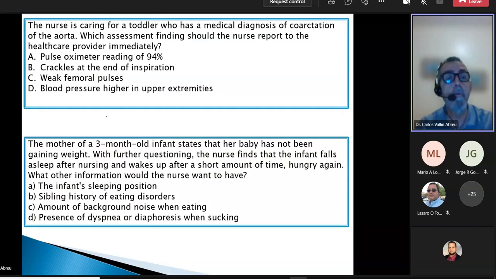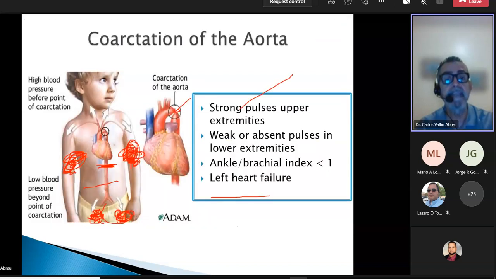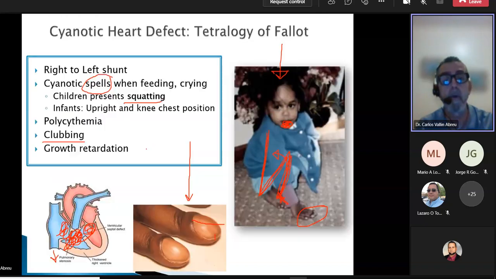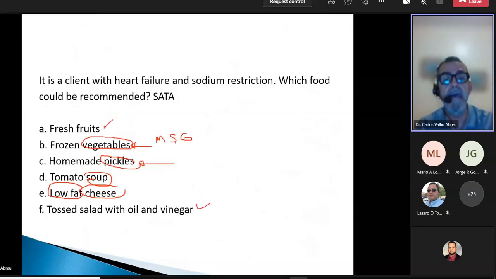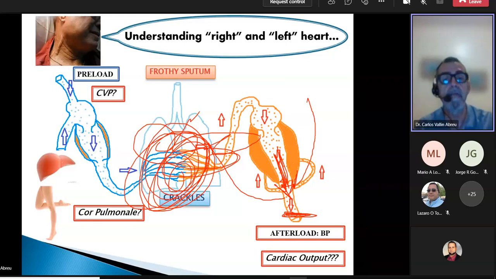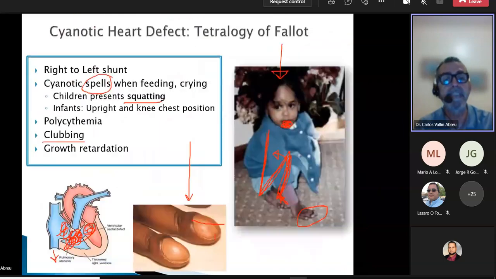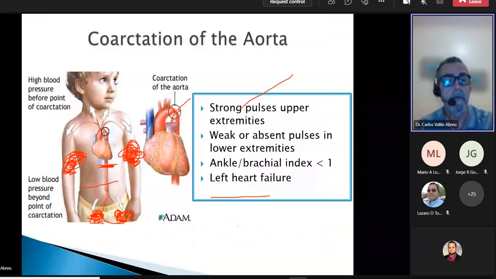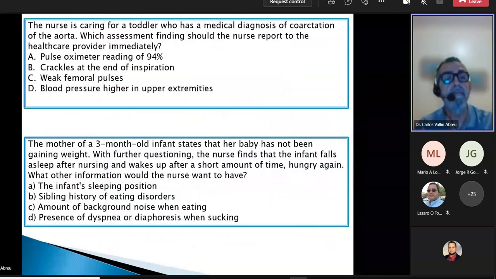But what is not expected is that the left ventricle has already been damaged by the increased afterload, developing left heart failure, with accumulation of liquids in the lungs as a consequence of left heart failure. This is the complication. This is the non-expected condition. That's why the correct answer is B.